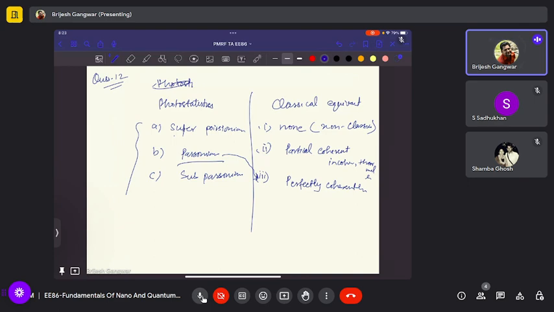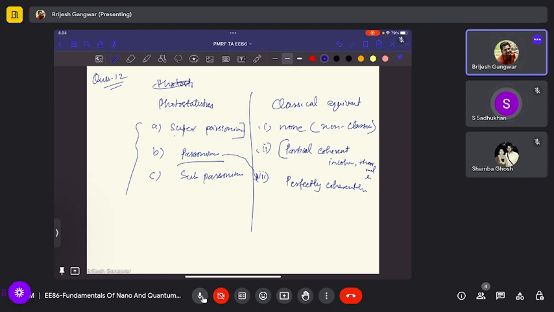Similarly, the equivalent to super-Poissonian is partially coherent, incoherent, or thermal light. Thermal light is incoherent, right? Yes. All these types of light in the classical regime are equivalent to super-Poissonian light in the quantum regime.